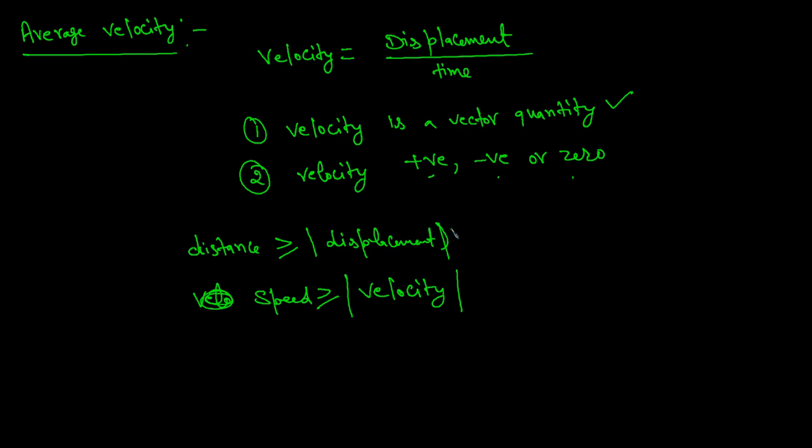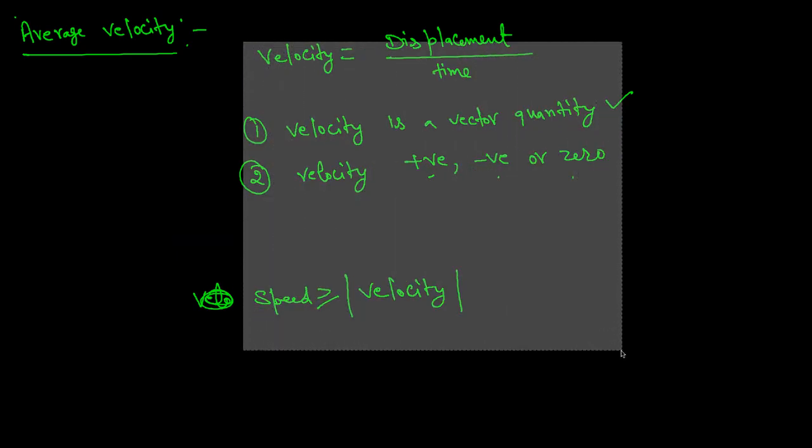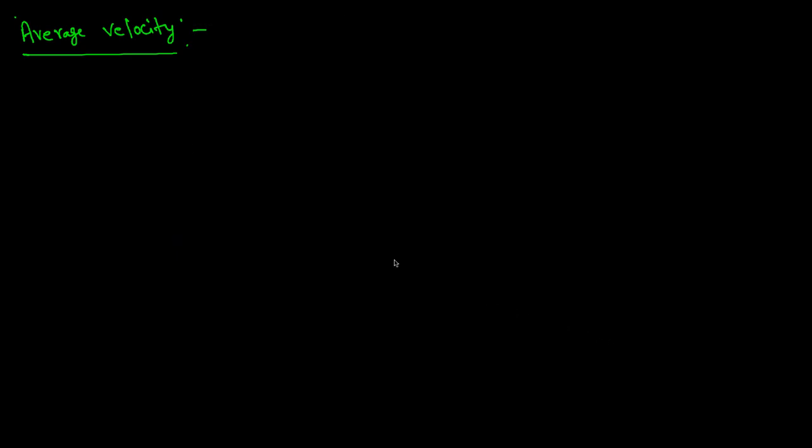As we learned in speed, like uniform speed, same thing with velocity. So let's go over uniform velocity first, and then we're going to talk about average velocity. Uniform velocity means a body or particle has an equal displacement in equal intervals of time.